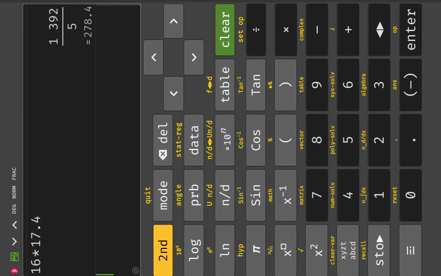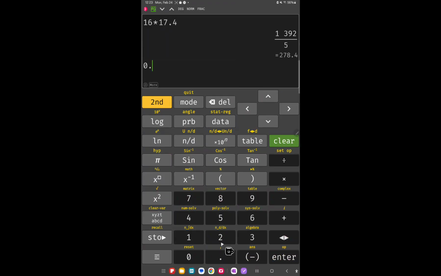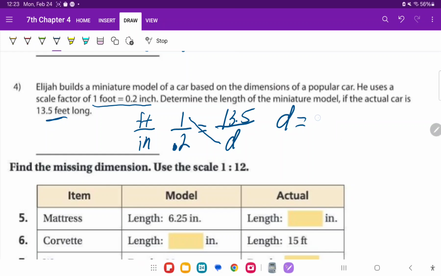And that's going to give us 2.7 inches in the model that's there.